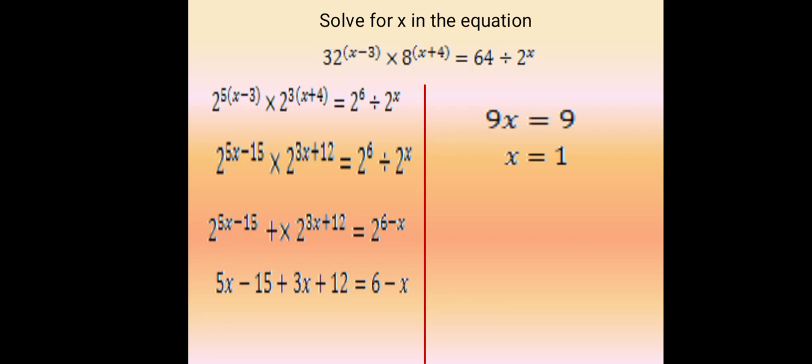Now we try to collect like terms. We have like terms here. We have 2 raised to the power of 5x plus 2 raised to the power of 3x, and then plus 2 raised to the power of negative x.